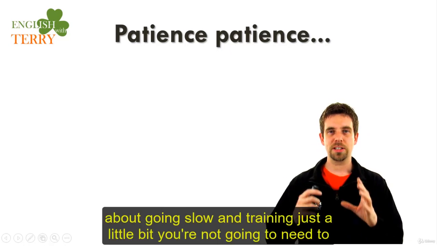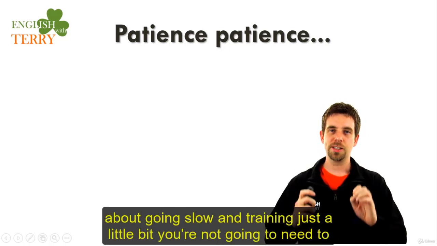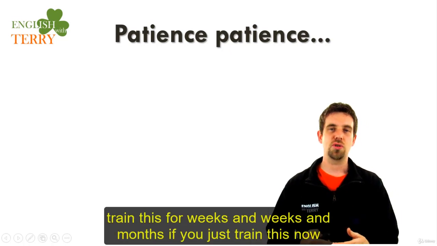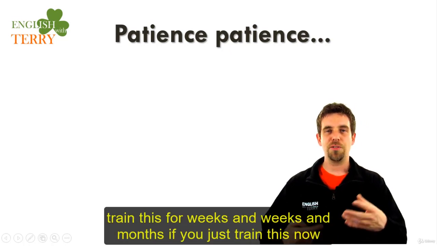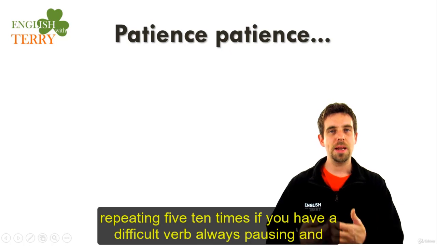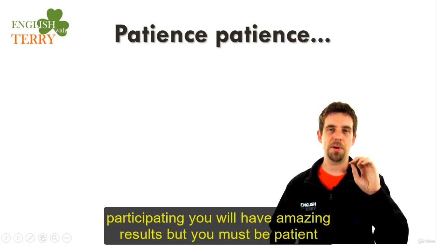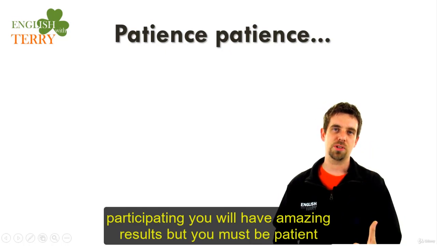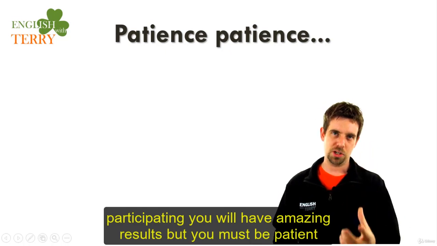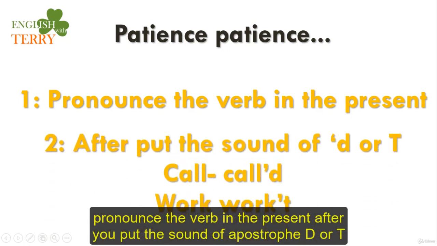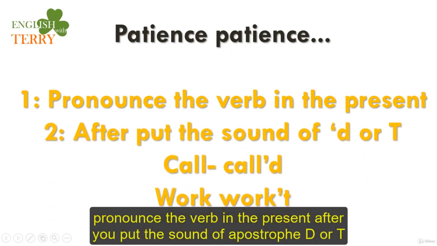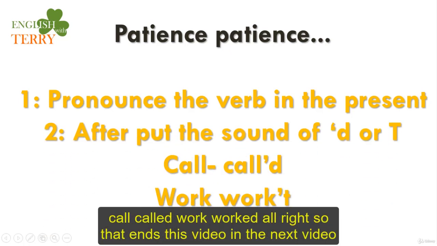It's all about going slow and training just a little bit. You're not going to need to train this for weeks and weeks and months. If you just train this now, repeating 5-10 times, if you have a difficult verb, always pausing and practicing, you will have amazing results, but you must be patient. Pronounce the verb in the present, then put the sound of apostrophe D or T. Call, called. Work, worked. All right.